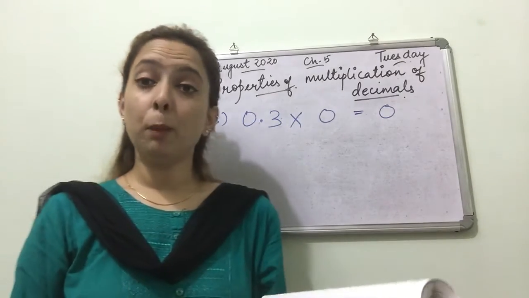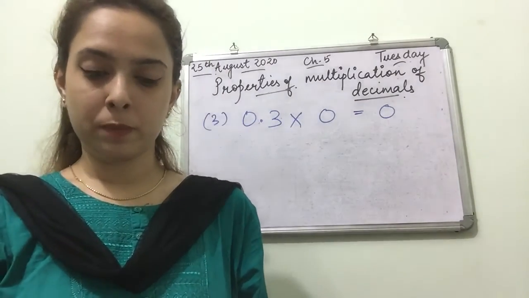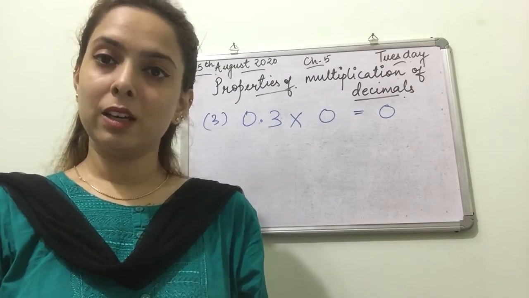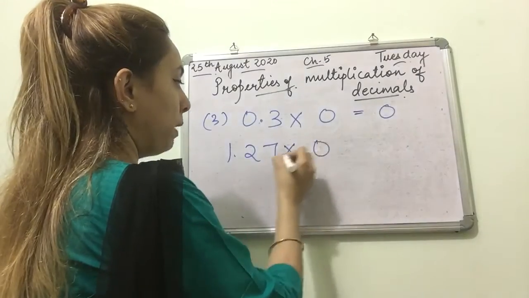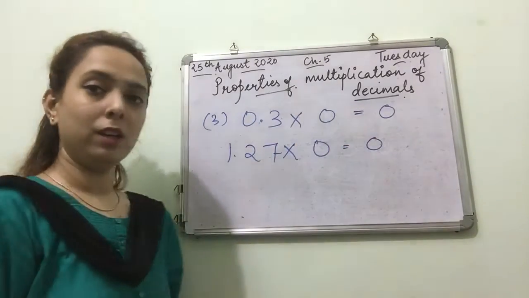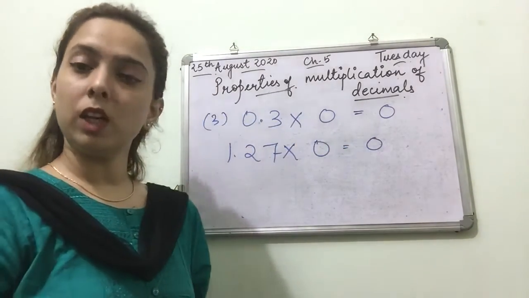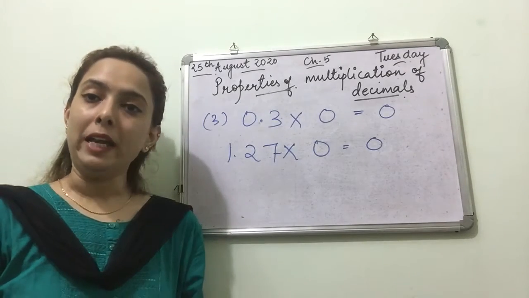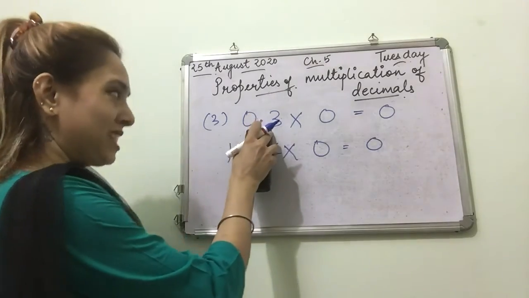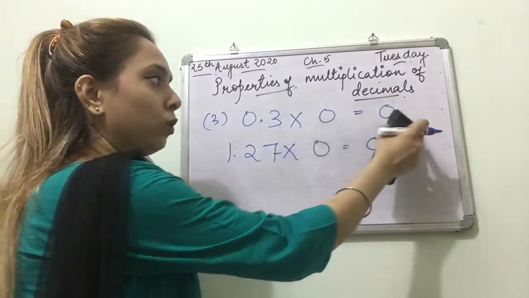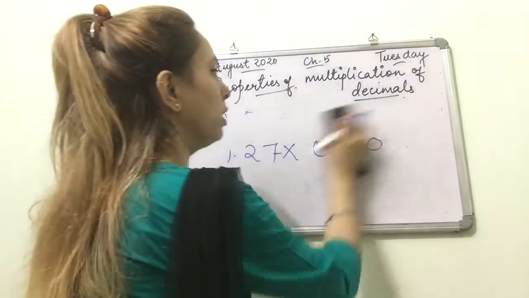It says that the product of a decimal and a 0 is 0. Suppose if I take this number by 0, your product will be 0. If you multiply any number by 0, you always get an answer as 0. So here decimal multiplied by 0, your answer will be 0.